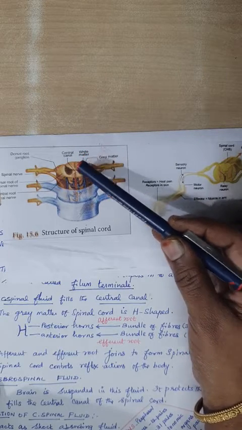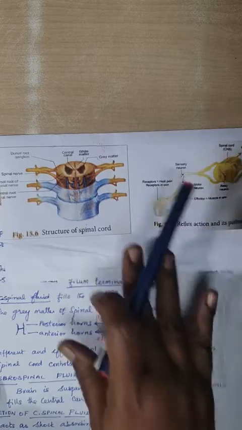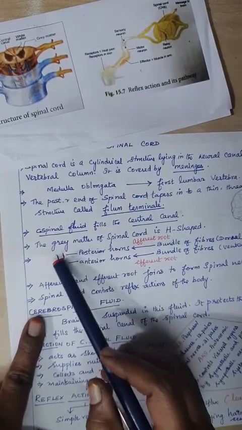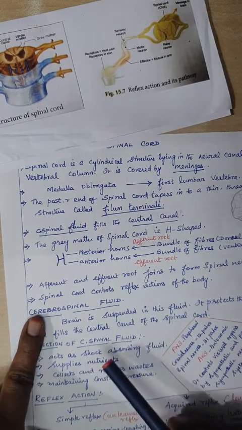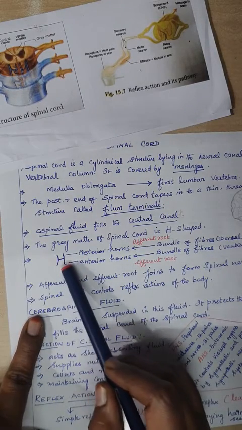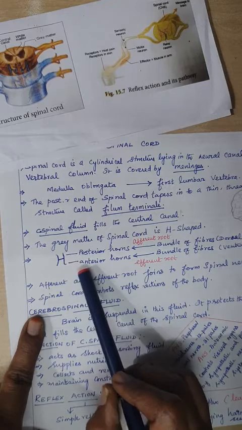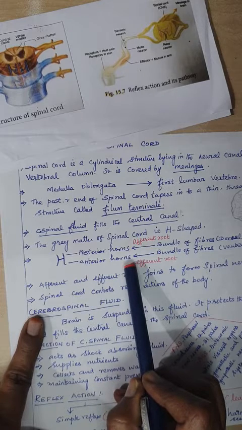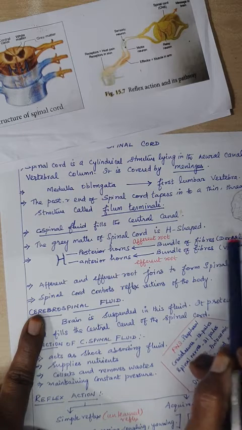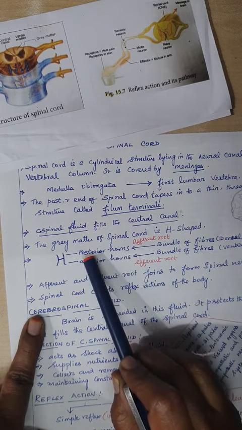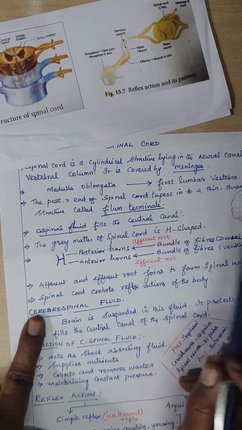Okay, the upper part of the H-shaped structure is called the posterior horns and the lower part of the H-shaped structure is called the anterior horns. The bundle of fibers passing dorsally through the posterior horns is called the afferent root.